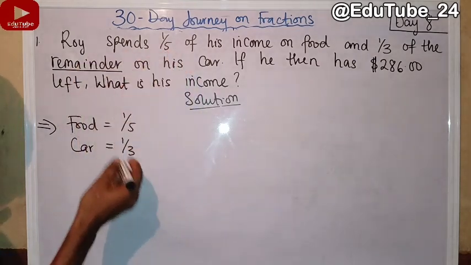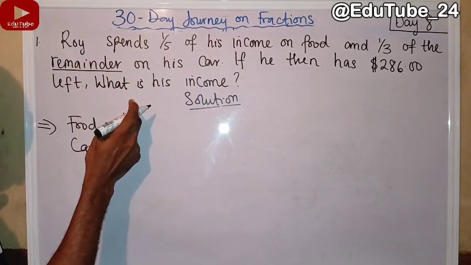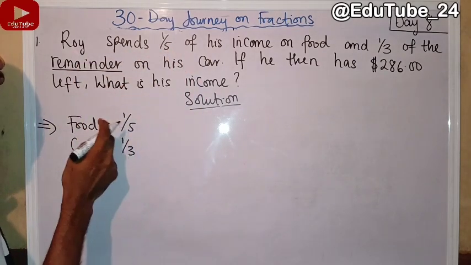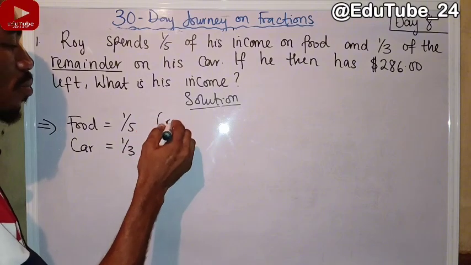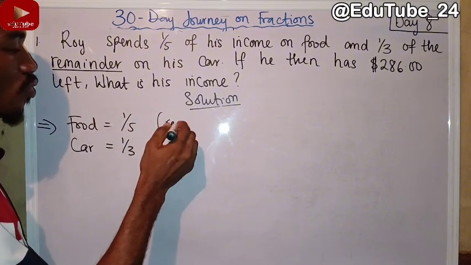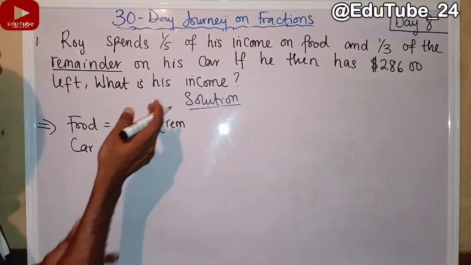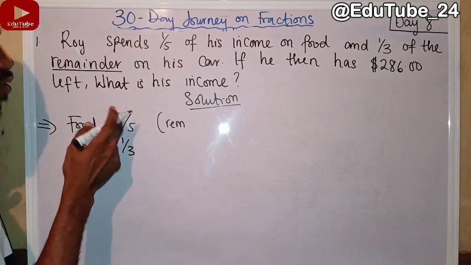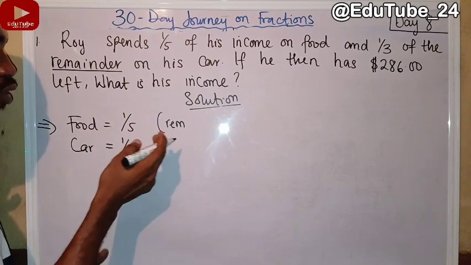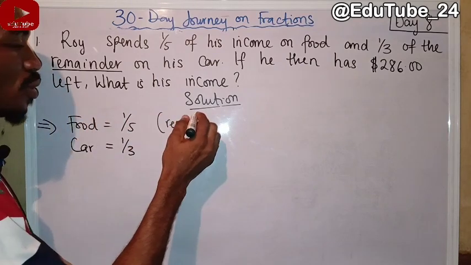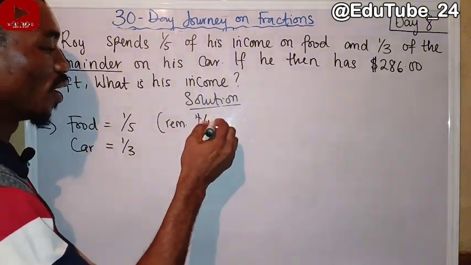What do they mean by the remainder? The remainder means, since he spent 1/5 of his income on food, the remnant from this 1/5. If he spent 1/5, that is 1 out of 5 of his income was spent on food. So the remainder will be 4/5.